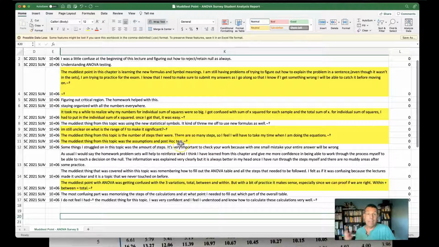And then the post hoc test is just to know that when we run an ANOVA, let's say we're comparing 3 or 4 groups to each other, and we get a statistically significant result, all we know from the work we're doing in this class is that there is a difference somewhere in those 4 groups.